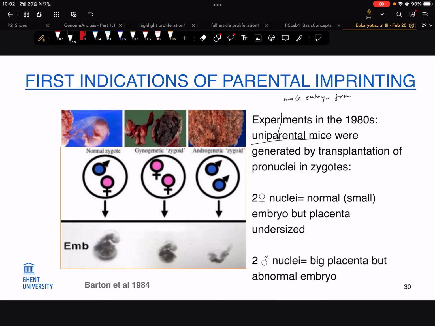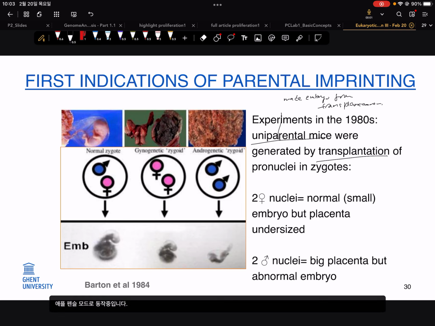For example, they made a zygote out of 2 female pronuclei, or zygotes out of 2 male pronuclei. And when they let this embryo develop further, compared to a regular embryo, they saw, not very surprisingly, some weird things happening. The embryo is not developing well.